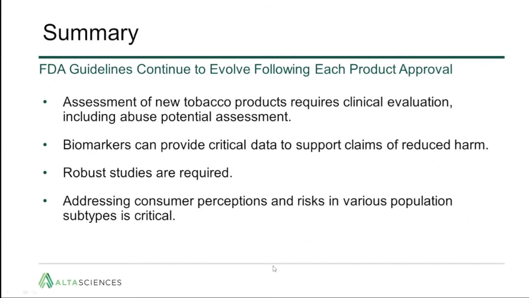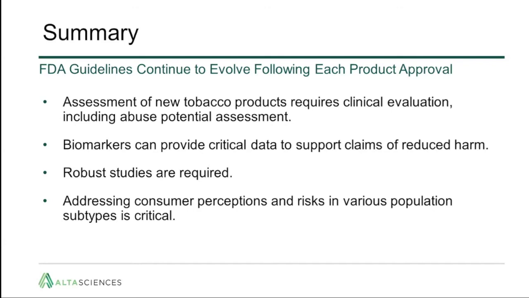So in summary, the FDA guidelines continue to evolve following each product approval. Assessment of these new tobacco products requires clinical evaluation, including abuse potential assessment. It depends on what it is that you're trying to claim and what your product has been designed to do. And so that has to be critically evaluated and strategically developed in a way where you're conducting trials that are relevant and that are going to have meaningful endpoints to support justifiable labeling claims.